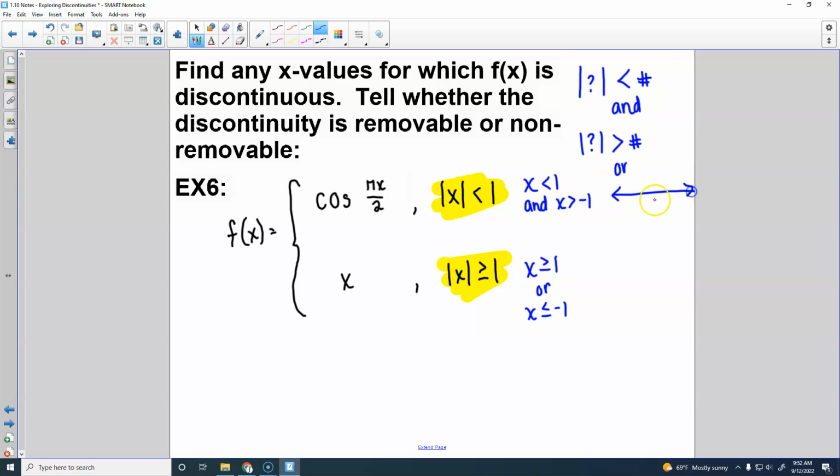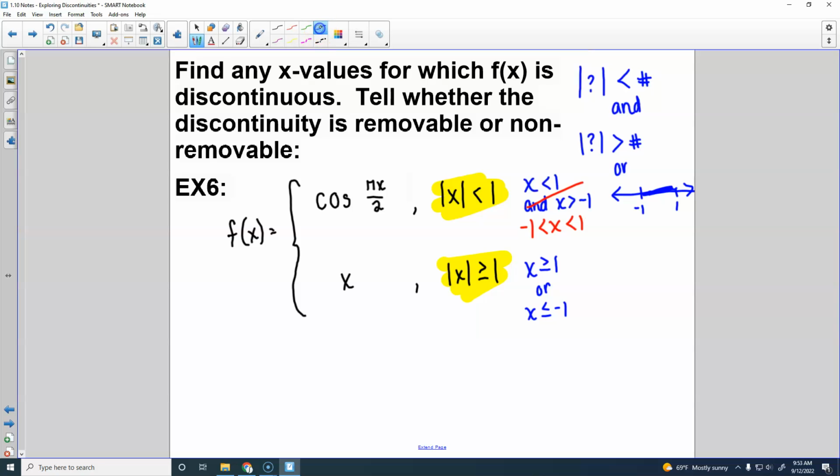If I've got -1 and +1, and numbers less than 1 but also greater than -1, it's the numbers in between -1 and 1, correct? So another way I could write this is -1 less than x less than 1. It's the numbers between -1 and 1.